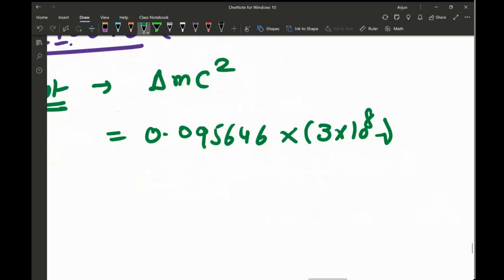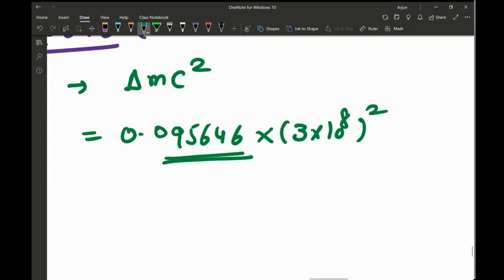If you are converting everything into joules, which is the standard unit, then you need to make sure you convert this number into kgs also. How are you going to convert U into kgs?